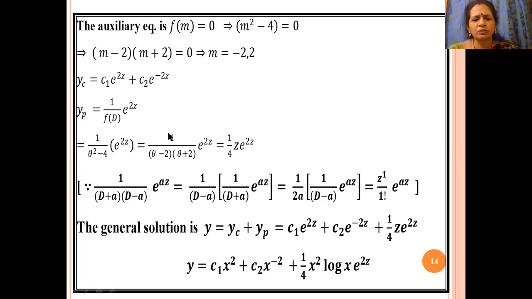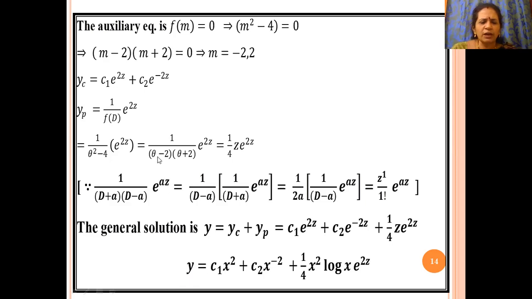Now here also, if we substitute the value in this, it becomes 0. So for that we have to apply a different formula. I will show that formula here. Remember 1 by theta minus 2 into theta plus 2 into e power 2z. It is in the form 1 by D plus a into D minus a, e power az.